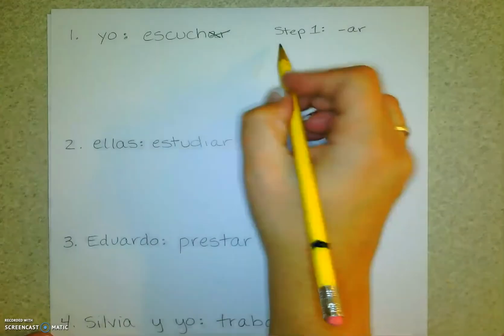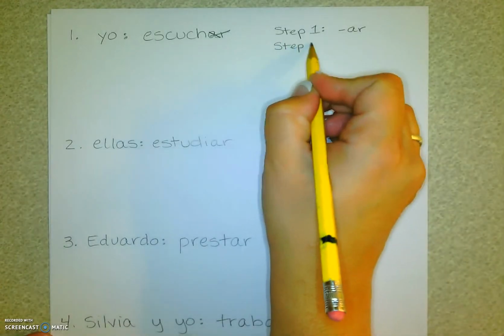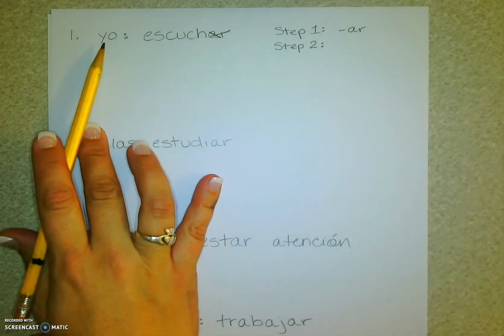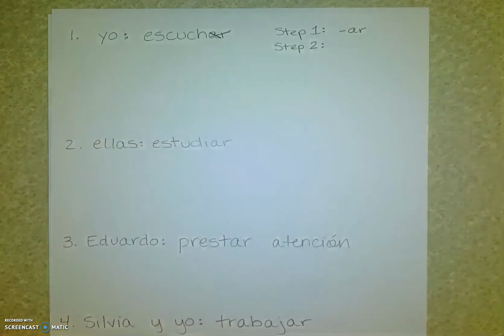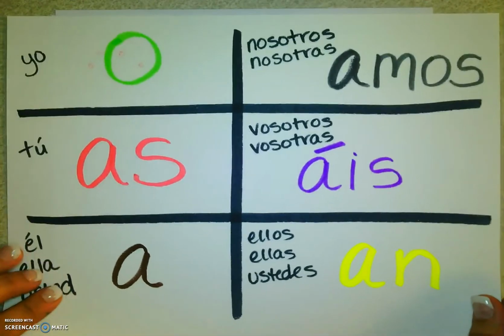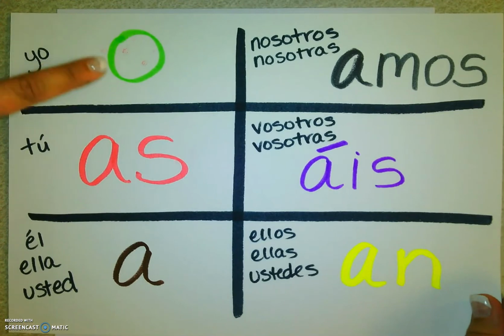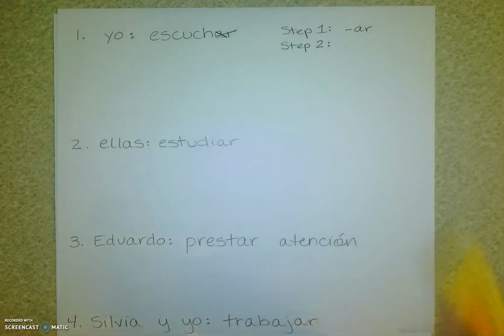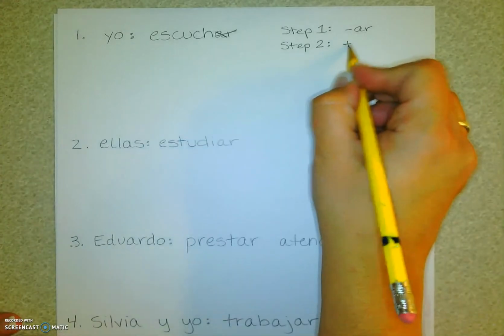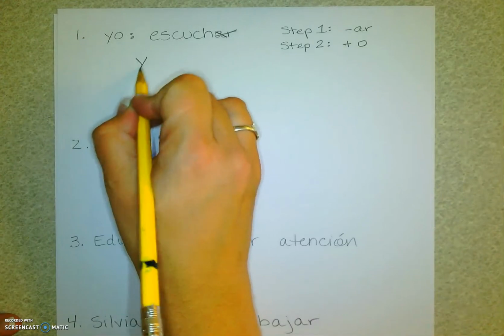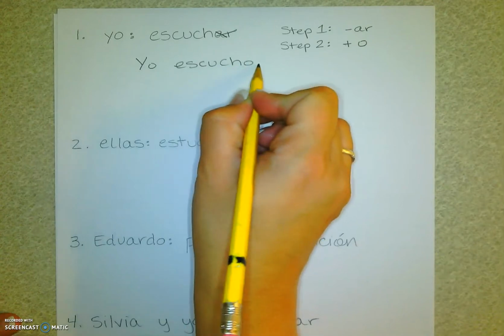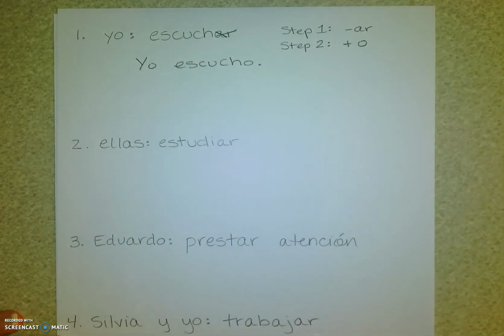Step 2 is to add the appropriate ending that matches our subject. As you recall, yo verbs end in O. Add the O to the end, and now we have I listen.